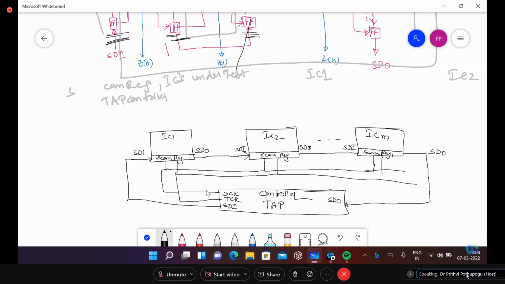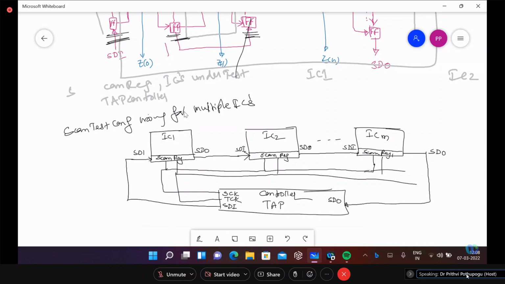Okay, this is what we say a scan test configuration for multiple ICs. So what are the things we have seen here?